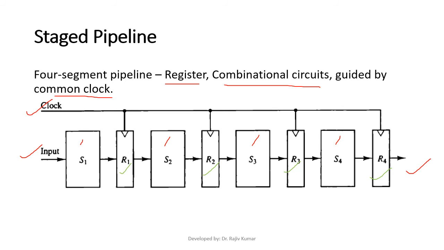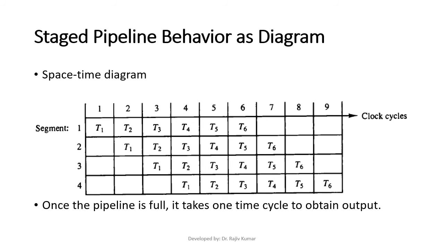Okay, now let's study the behavior of this staged pipeline, how it is going to solve our problem, meaning how it is going to help us achieve maximum throughput. In the next slide we will take an example.